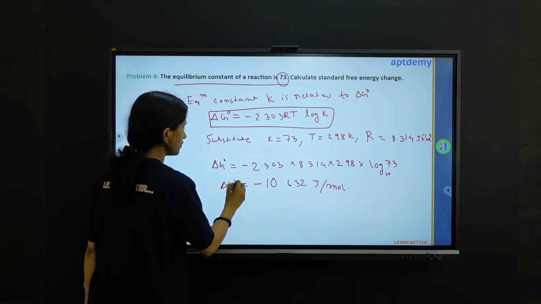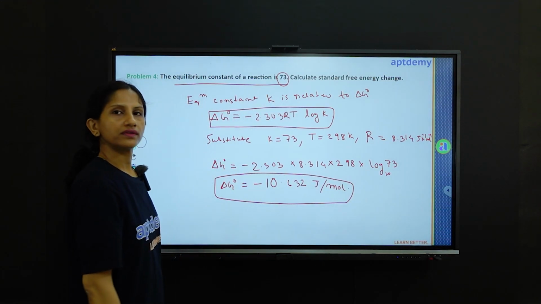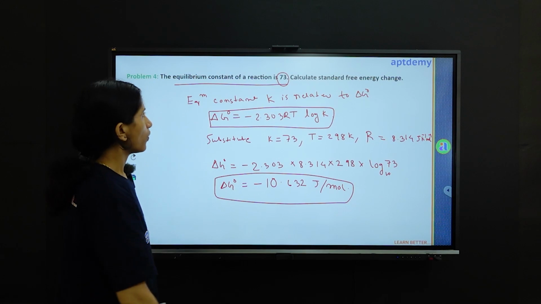The ΔG° has come out as minus 10.632 joule per mole, right?